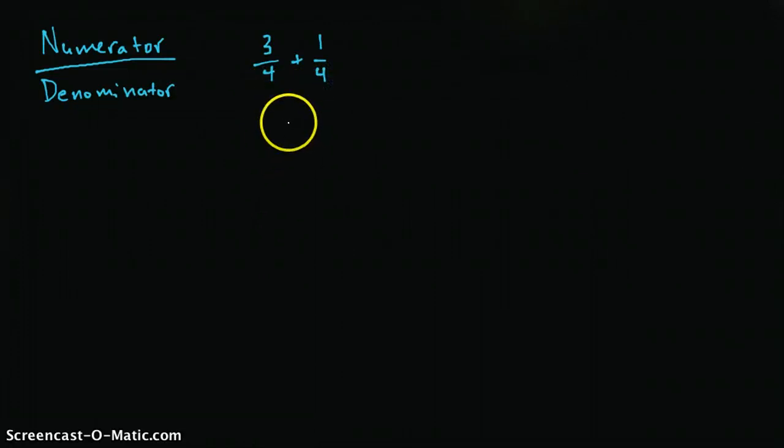It's easy here because all we have to do is add straight across in the numerator. 3 plus 1 is 4. And the denominator does not change. We don't touch the denominator if they are the same. So what we have here is 4 over 4.